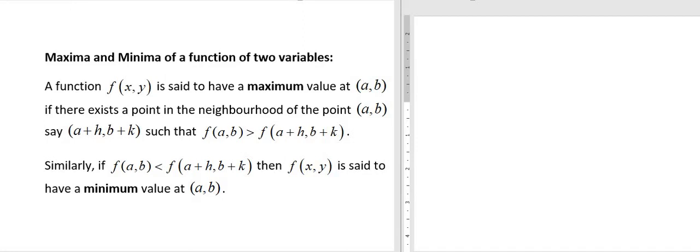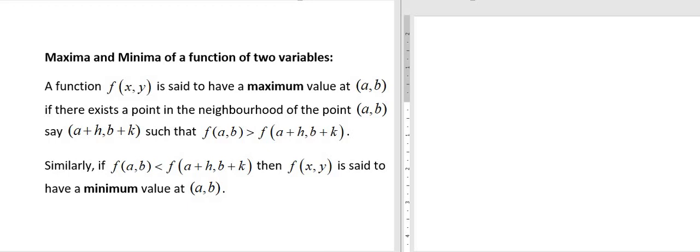A function f of x comma y is said to have a maximum value at a comma b if there exists a point in the neighborhood of the point a comma b, say a plus h comma b plus k, such that f of a comma b greater than f of a plus h comma b plus k.